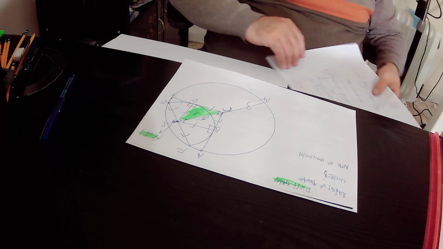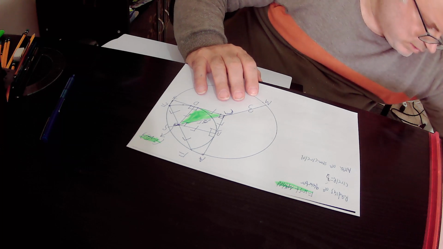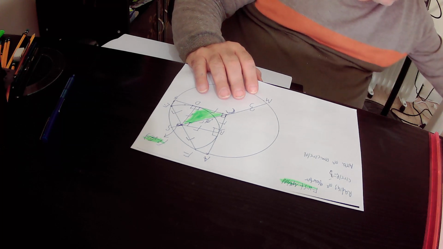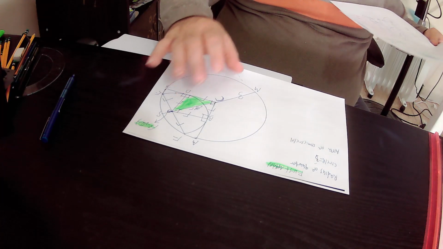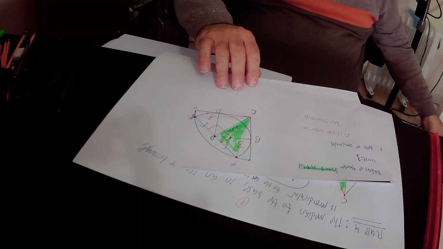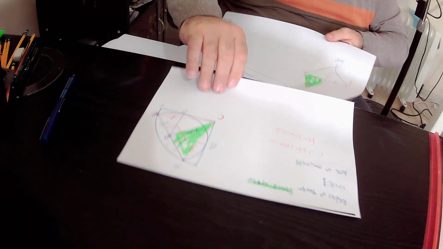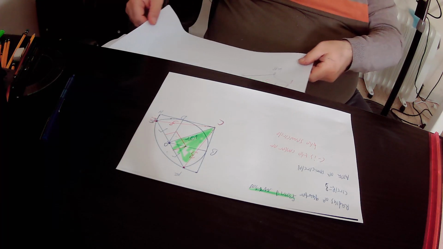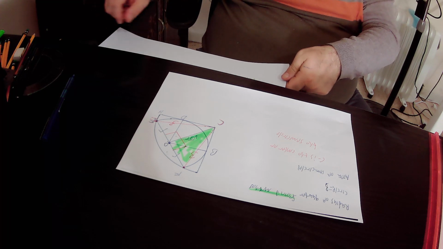In the next step, I will present to you how we found the area of this semicircle according to the second method. According to the second method, we actually used the things that we already found out in the first method.